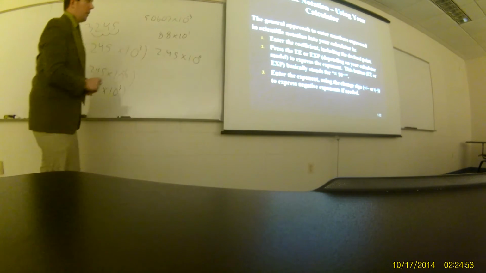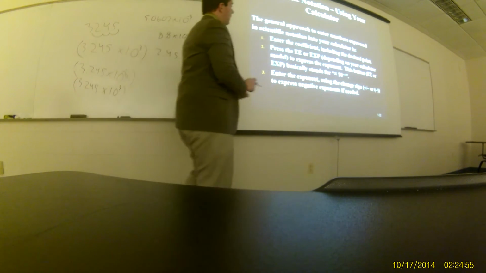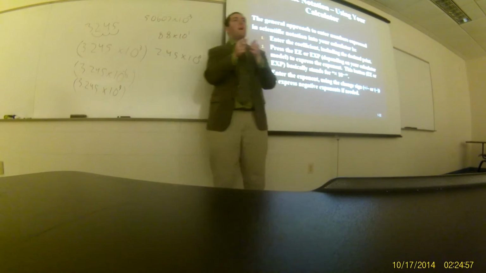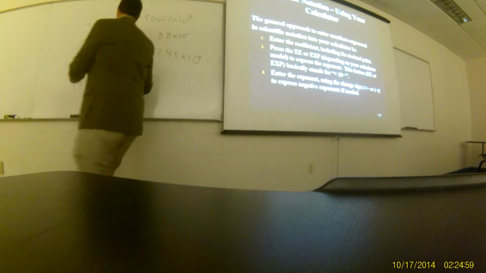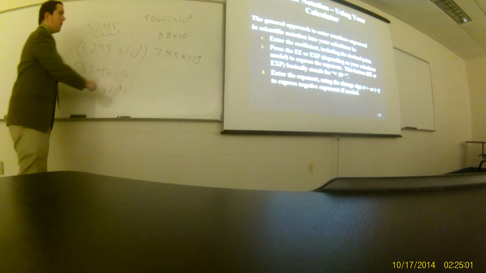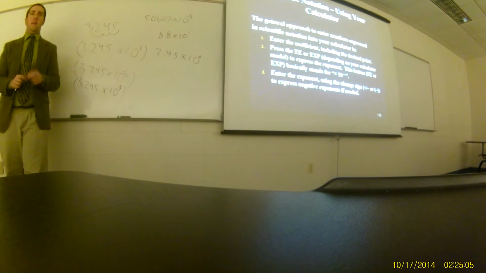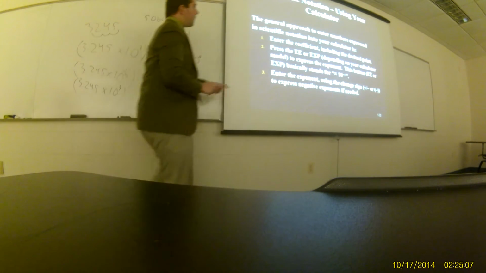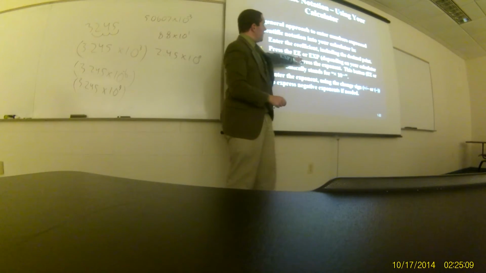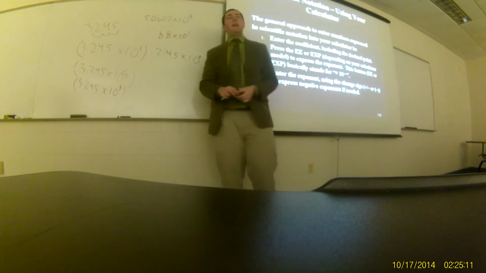The other option, and to me, this is what I do, it's fewer buttons to push, and it eliminates the need for parentheses, is to use the exponent button on your calculator. It may be EE, it may be EXP.